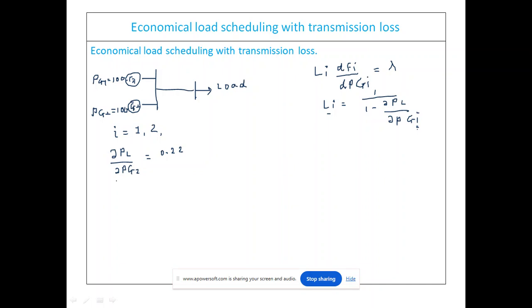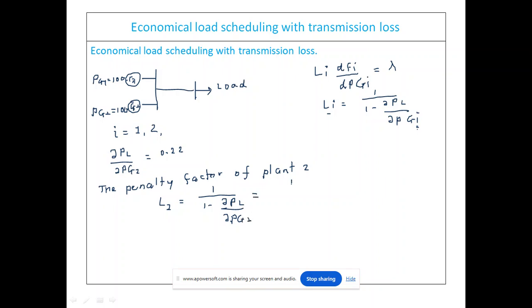So we can calculate the penalty factor of plant 2, that is L2, which is 1 divided by 1 minus ∂PL/∂PG2.